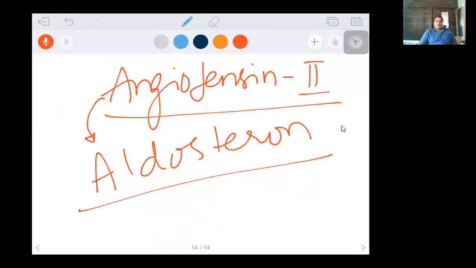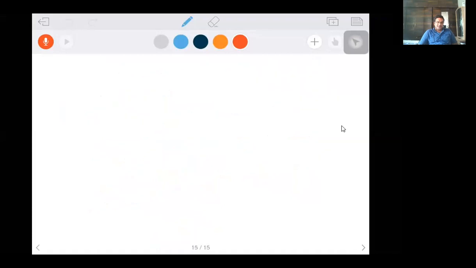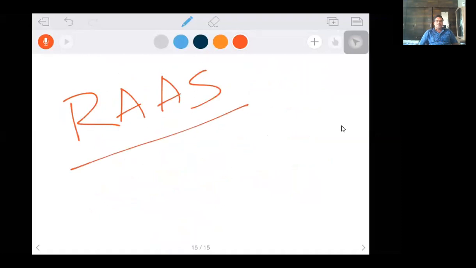Okay, so these are all the functions by which our problem will be reduced. We say this as the renin angiotensin aldosterone system.